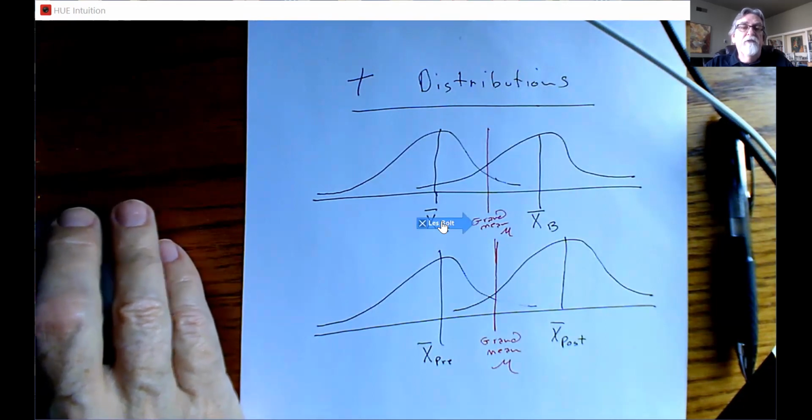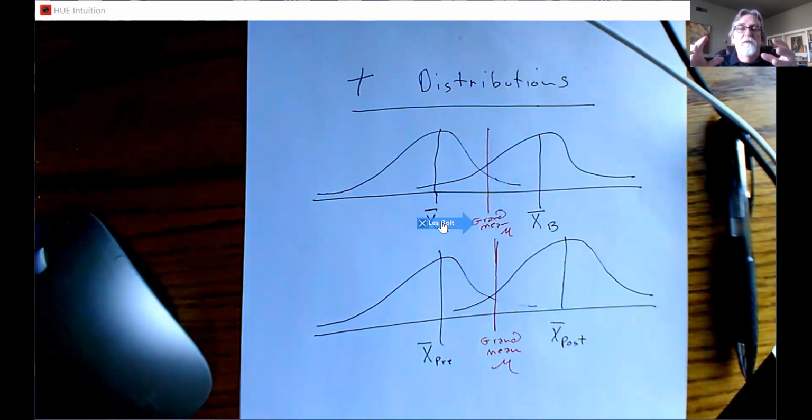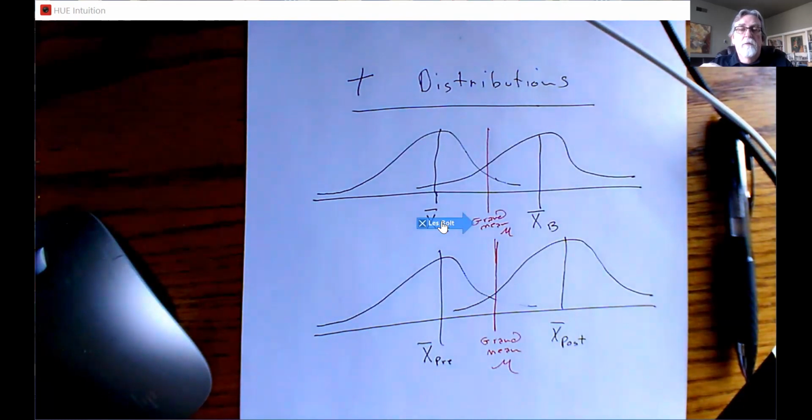And what we're trying to establish is whether the distance from this sample to the grand mean lies within the 95% distribution of all possible differences between all possible samples and the grand mean, or is it outside of that middle 95% and therefore not random, and we would call it significant.